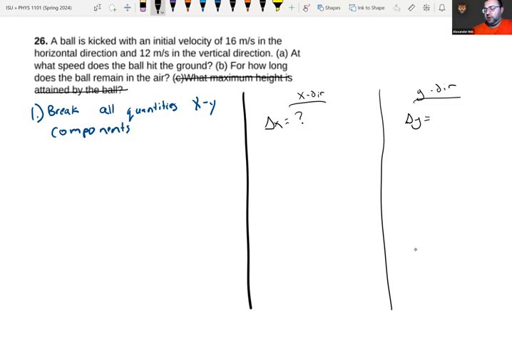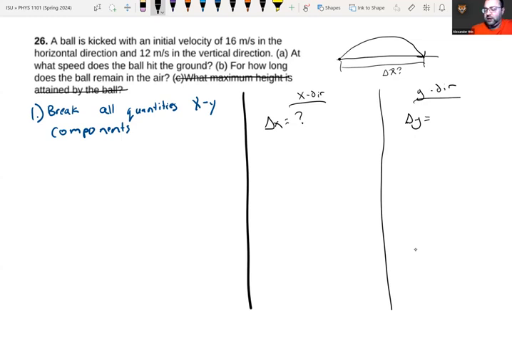But delta y. The reason I want to talk about this delta y and the reason I exclude C is because if we imagine what has happened here, and sometimes drawing a little picture can help, this ball is kicked and it's going in that kind of shape. Now, we don't know what delta x is. That's why I did this. But notice, we're on flat ground.